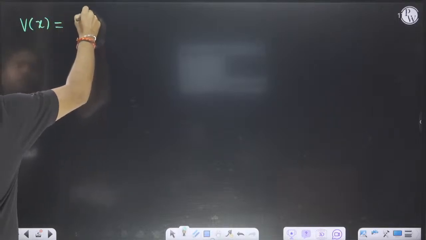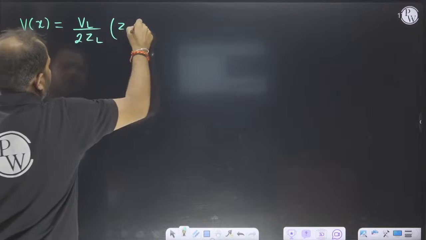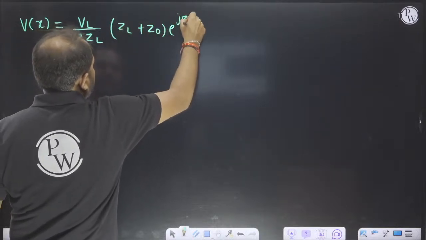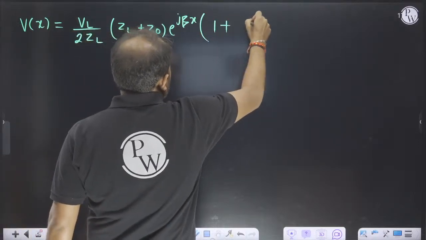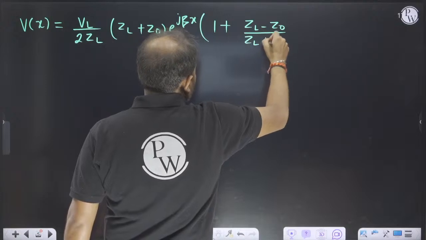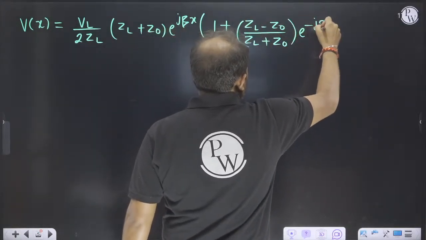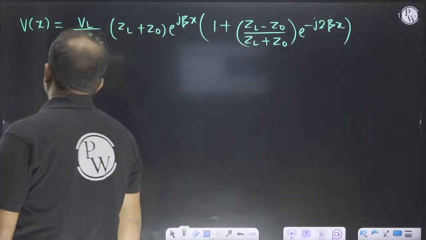We will get VL upon 2 ZL, (ZL plus Z naught) e to the power J beta X, times 1 plus (ZL minus Z naught) divided by (ZL plus Z naught), e to the power minus J2 beta X.